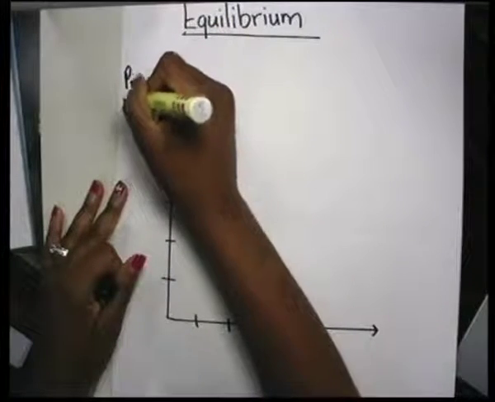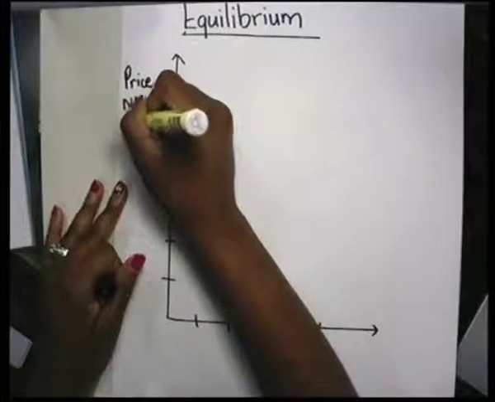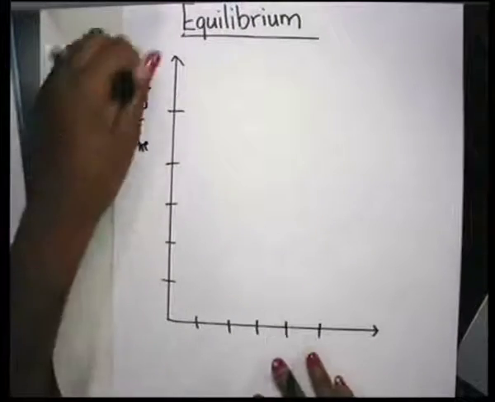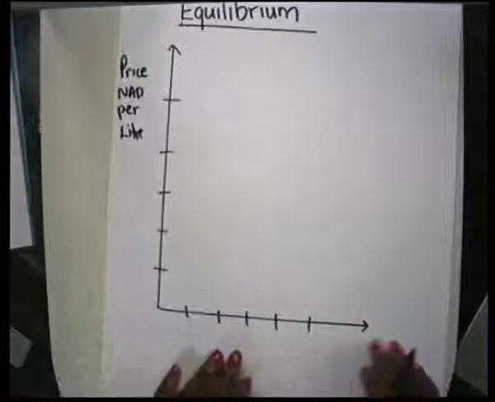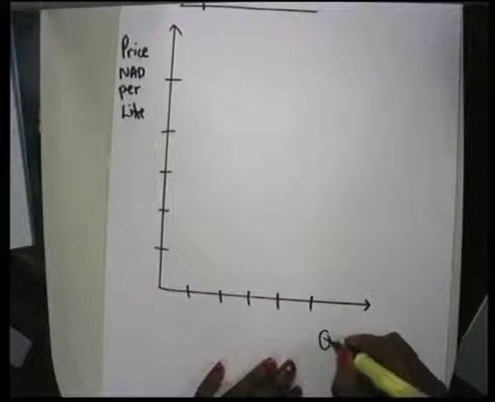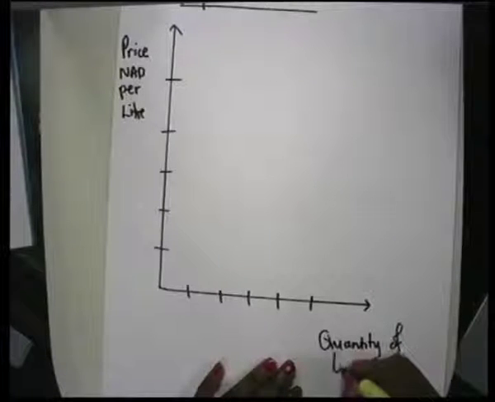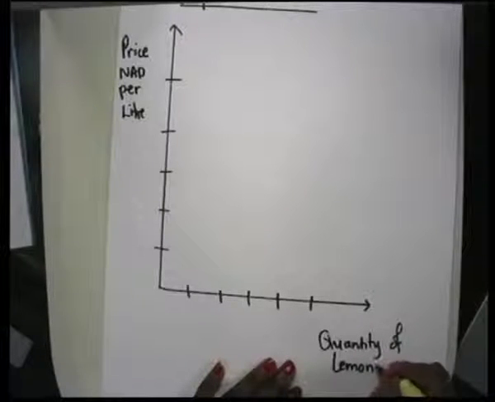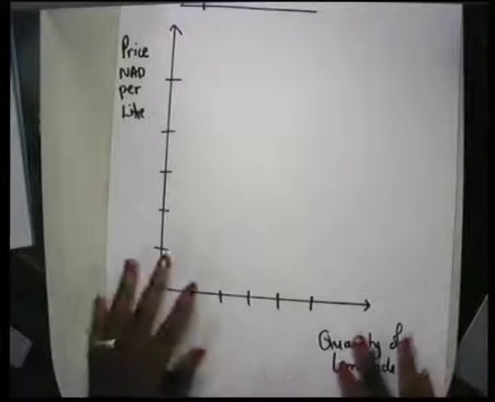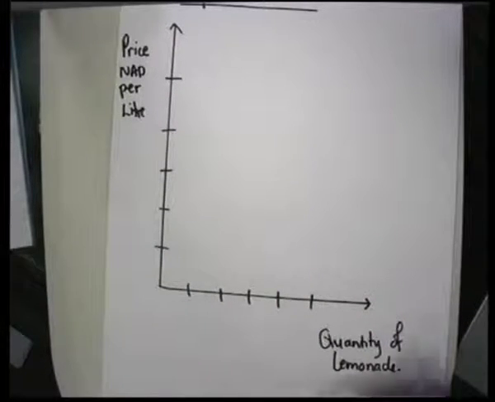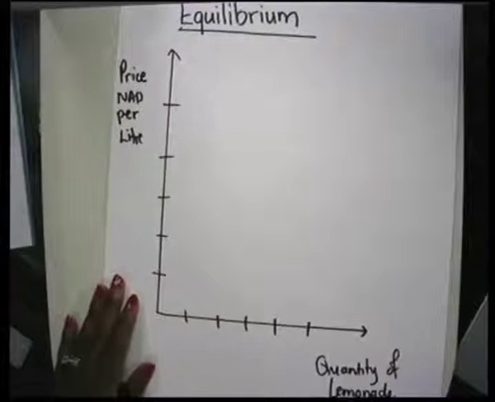The price in Namibian dollars per liter is on the vertical axis, and on the horizontal we have the quantity of lemonade. Now remember that in this case we've been given information about the demand of lemonade, as well as the supply of lemonade.